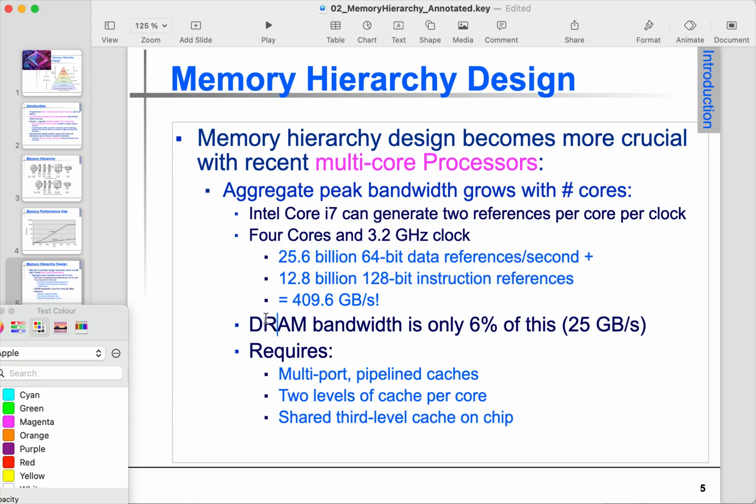So the RAM, the random access memory bandwidth, is only 6% of this.